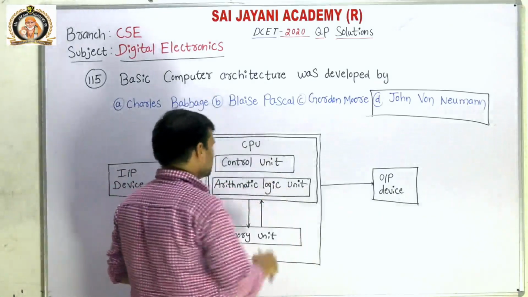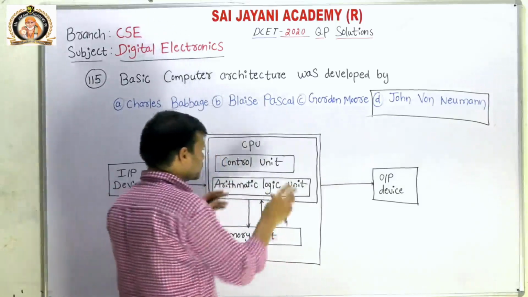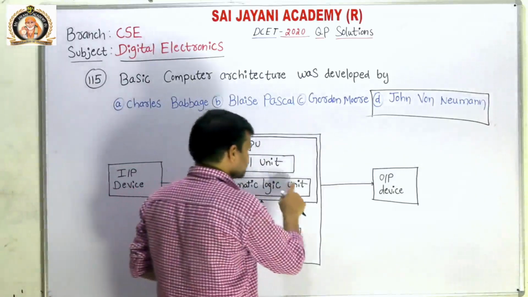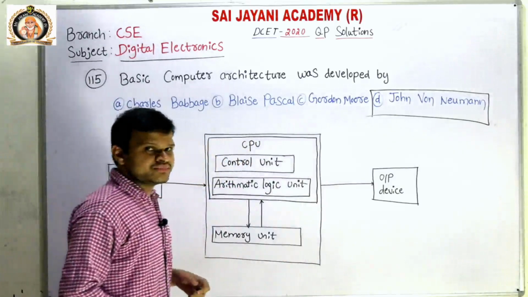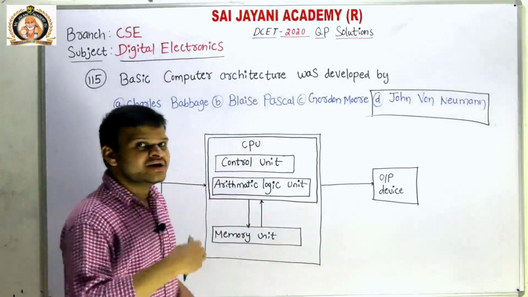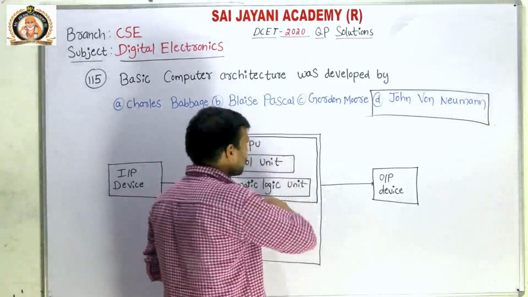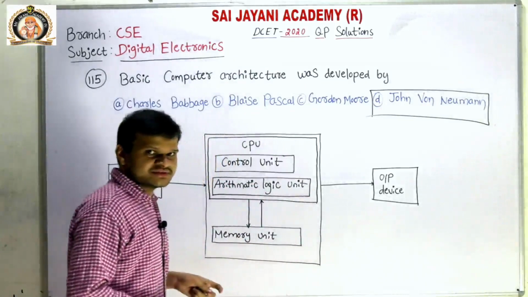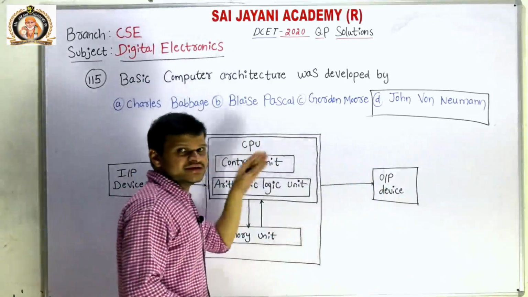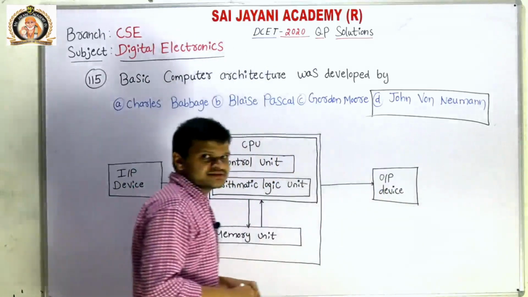Inside the CPU, the control unit controls all these operations, and the arithmetic logic unit, that is the ALU, performs arithmetic and logical operations on the data. After executing all the operations, it sends the executed data or the information to the output device.